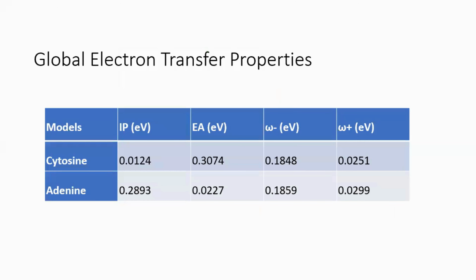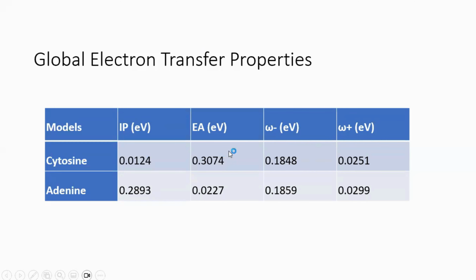Why is this occurring? Here we can use the conceptual density functional theory local electron transfer properties. IP is nothing but ionization potential, E is electron affinity, omega minus and omega plus are the electron donating and electron accepting power.